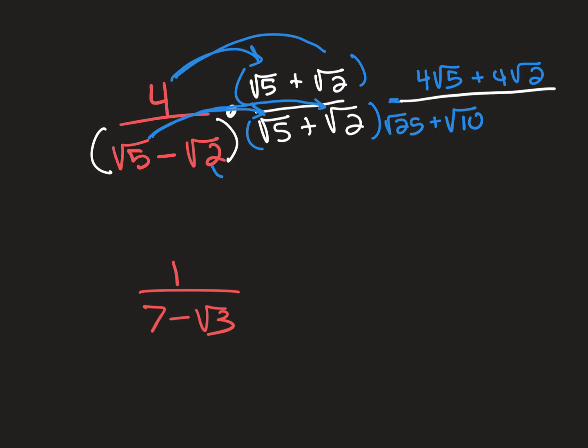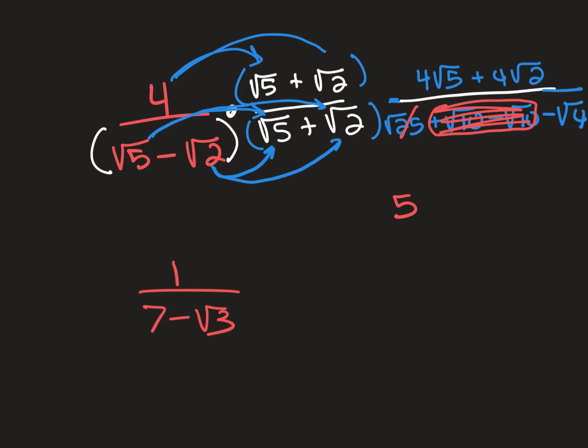Then we come to the bottom. Negative square root of 2 times square root of 5 is minus square root of 10. And then negative square root of 2 times square root of 2 is minus square root of 4. These middle terms definitely cancel. So that's what we're looking for. The square root of 25 is 5.